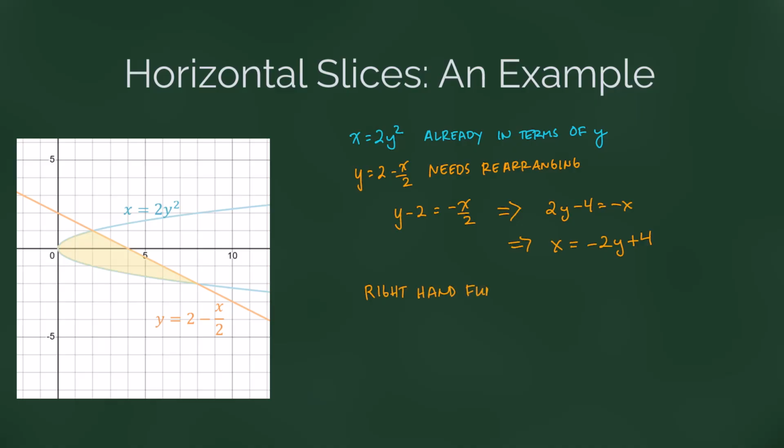Now we can see that the right-hand function is going to be given by the function x equals -2y plus 4, and our left-hand function is going to be given by the function x equals 2y squared.